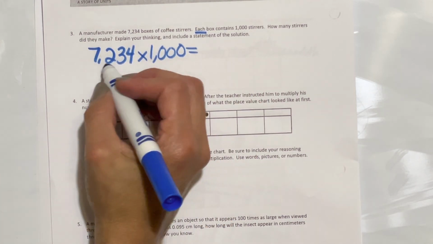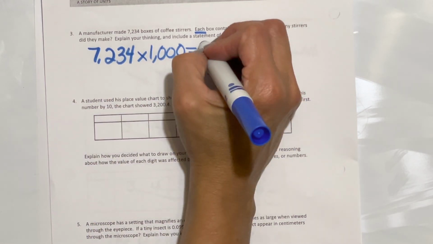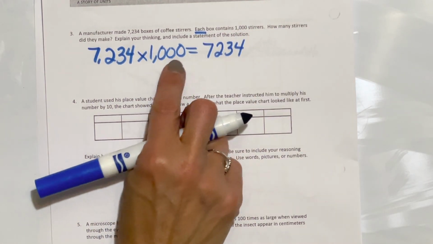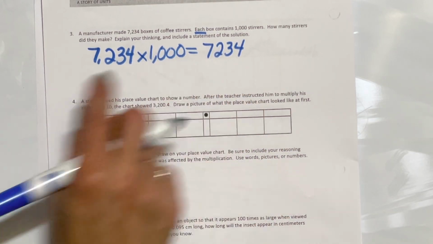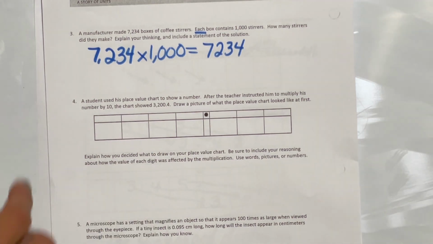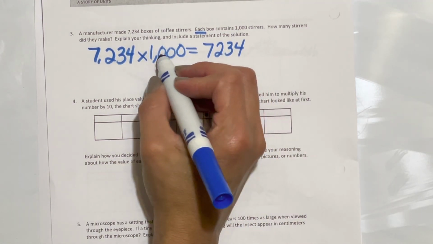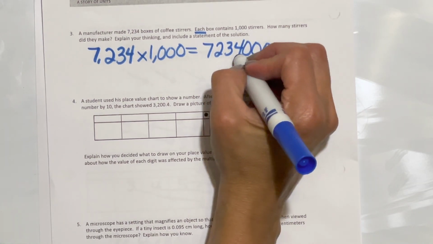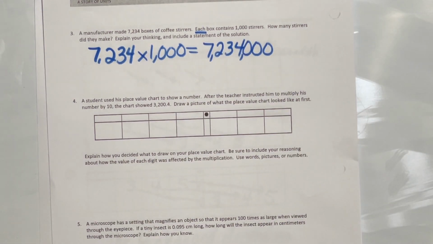So I'm going to take this number and rewrite it. I have to add 3 places. And remember, when we're moving that number on the number line, that's what we're doing. We're adding places. So I've got to add 1, 2, 3, 1, 2, 3 places. Oh my goodness. Look at how many stirrers there are.